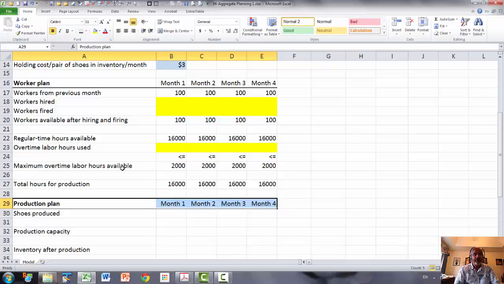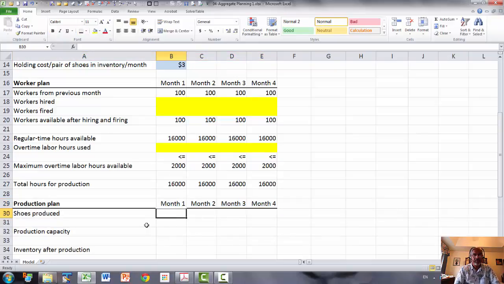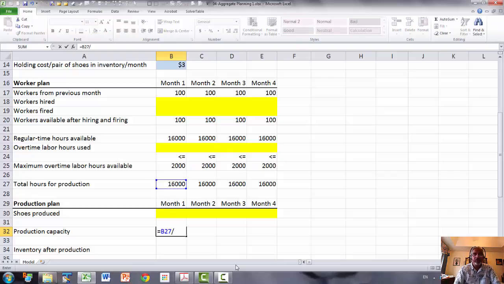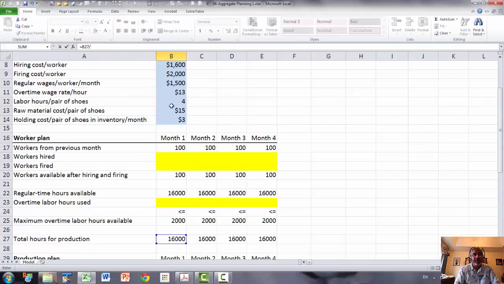So now we have the production plan. How many shoes we're going to produce, that's going to be changing cells, and how much capacity we have. You take the total hours of production and divide by the labor hours needed per shoe.